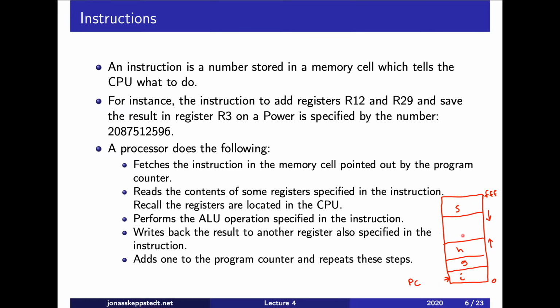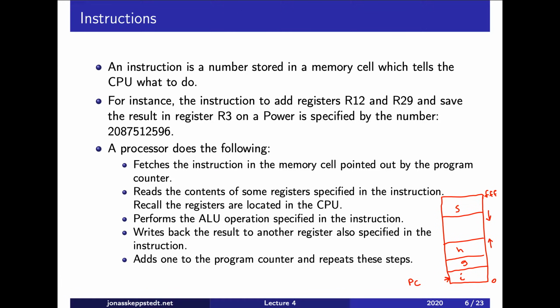So the PC, or program counter, contains an address, which is an integer, an index into this huge array. And the int, that means the 32 bits, that this PC selects in this array is the instruction to be executed next.